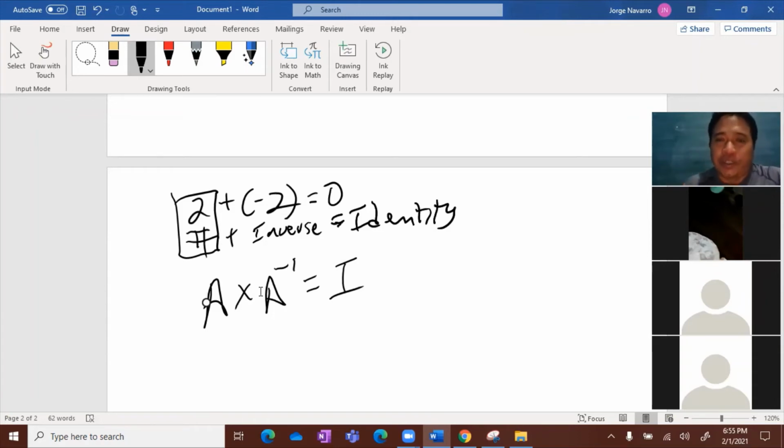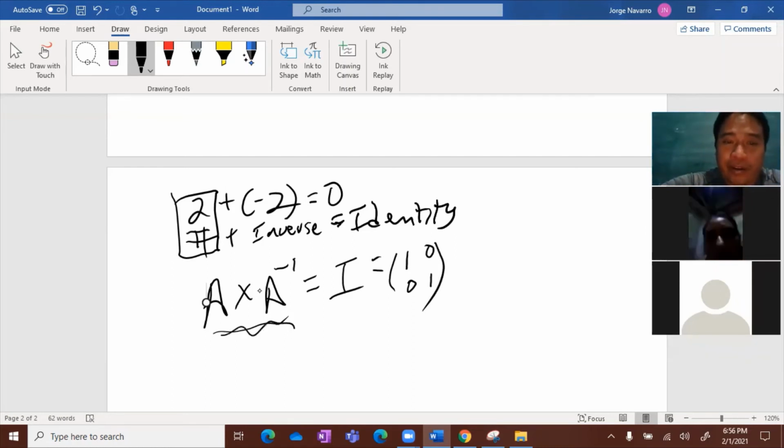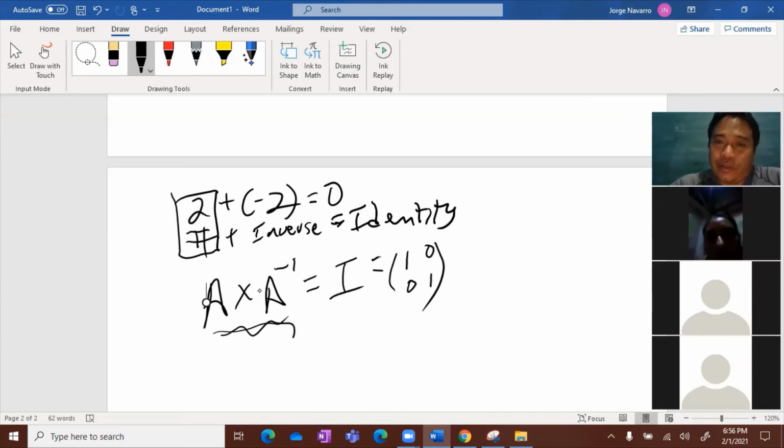So in other words, if you multiply these two matrices and you do not get 1, 0, 0, 1, that means you're wrong. Something here is wrong. So always when you multiply a matrix by its inverse, you always have to get 1, 0, 0, 1, right? Yes. Okay, I understand.